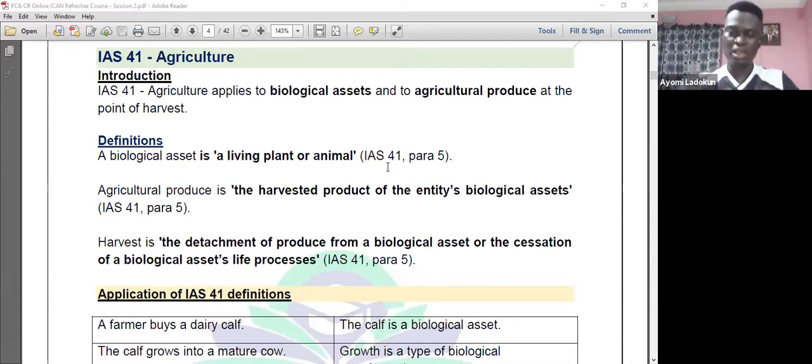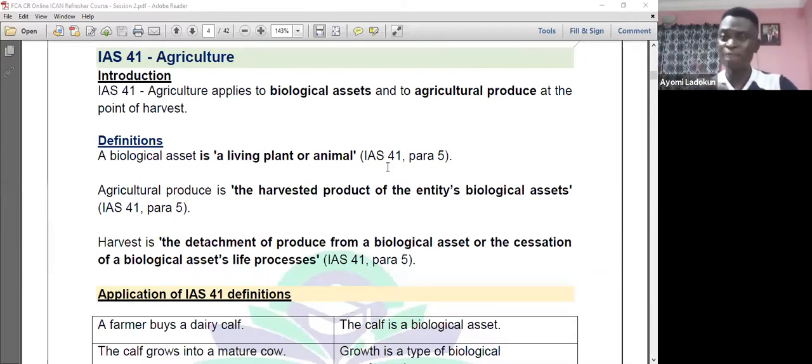So when the calf grows up, they will say it has passed through what we call biological transformation. And when it grows up, becomes a cow, and the farmer milks the cow, they'll say that milk is agricultural produce. So when you hear IAS 41, think about biological assets and of course agricultural produce.